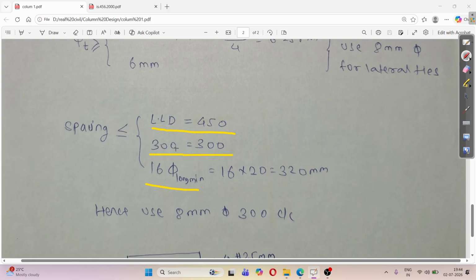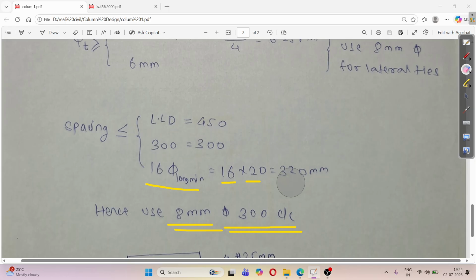As I told you, this phi is 20 because we have used two diameters, 25 and 20. So 20 into 16 is 320. Out of these three, we have to provide the minimum. So minimum will be 300 center to center and 8 mm bar diameter.